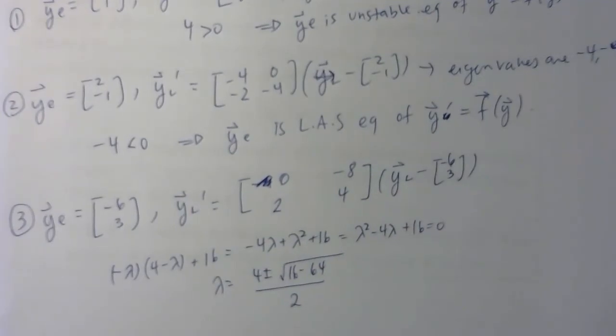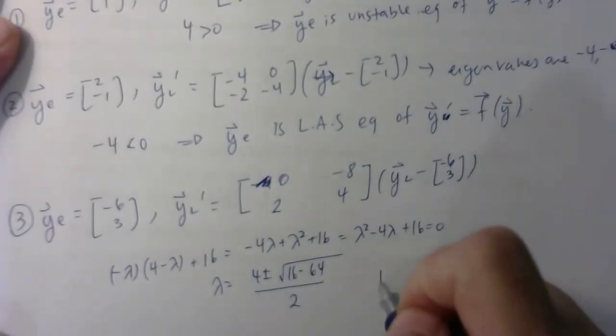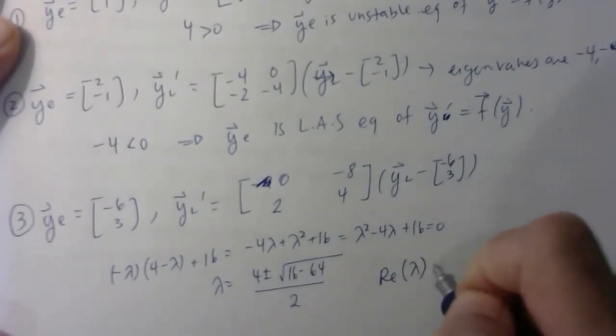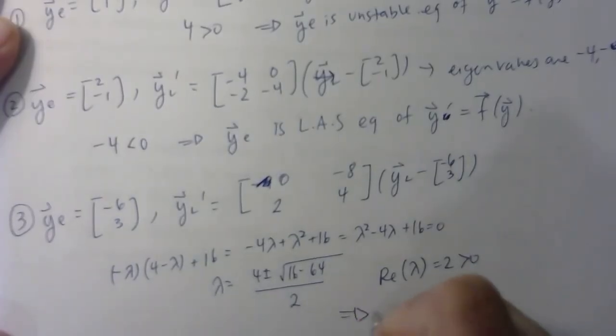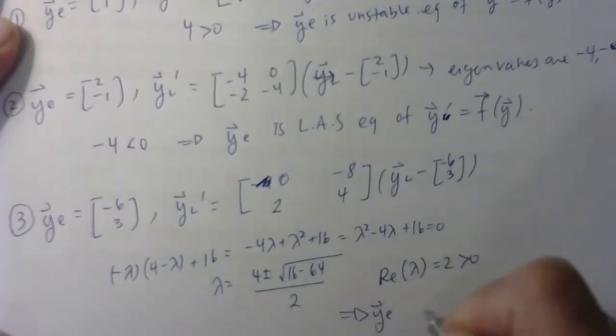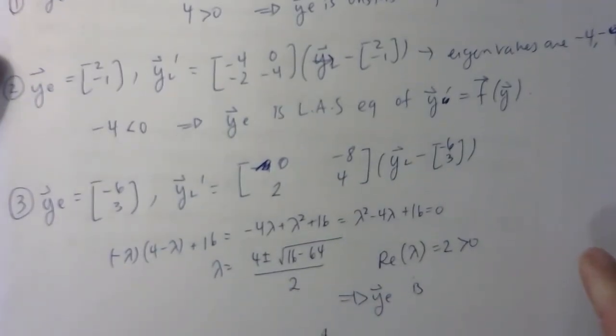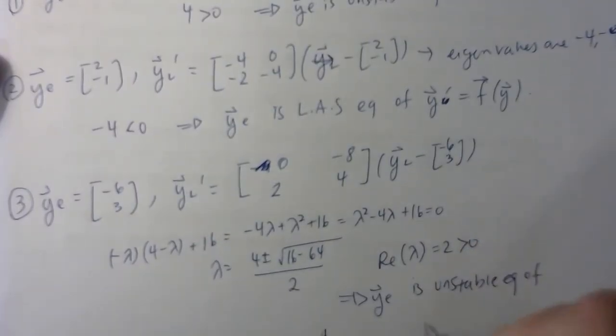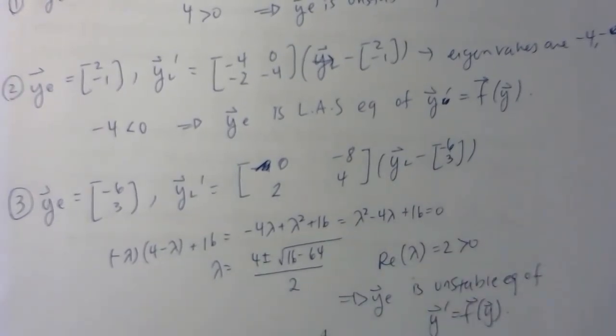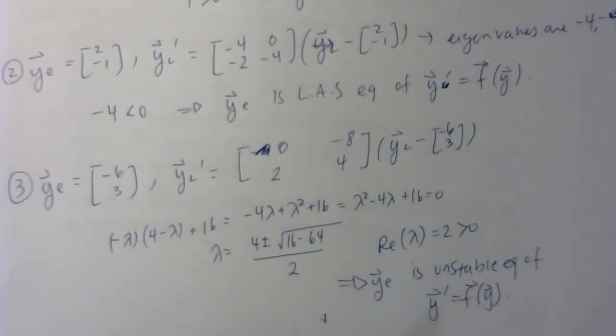Okay, so it's some number. This is less than 0. So this is going to give me something imaginary. But the real part of lambda is 2, which is greater than 0, which implies that YE is what? Real part's greater than 0, so it's unstable. An unstable equilibrium of the nonlinear system Y prime is f of y. Okay, so that's how we use it.